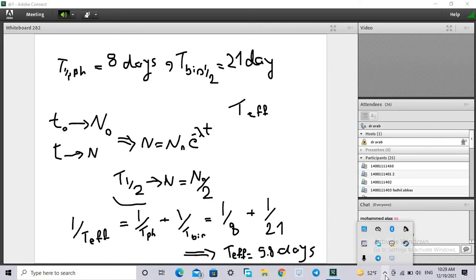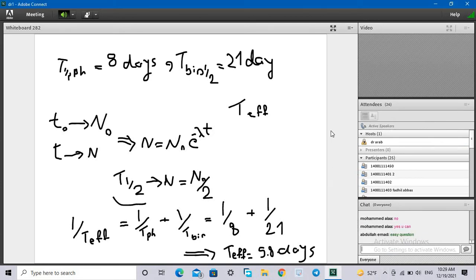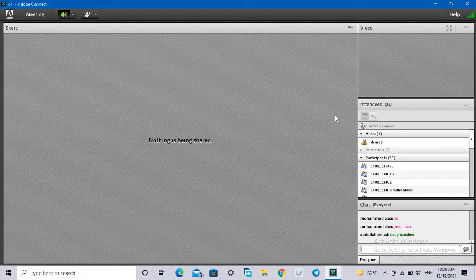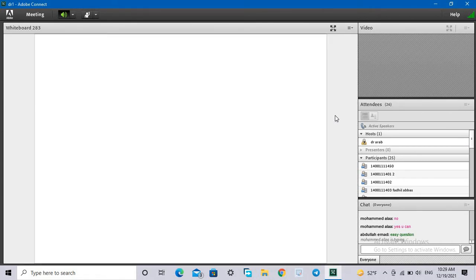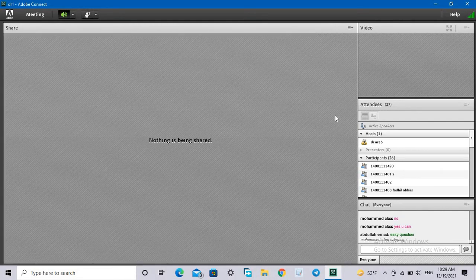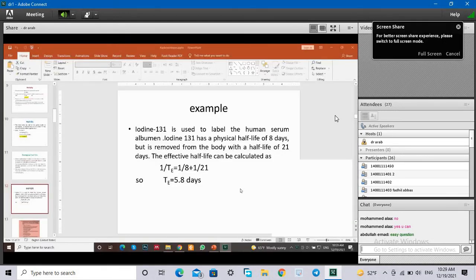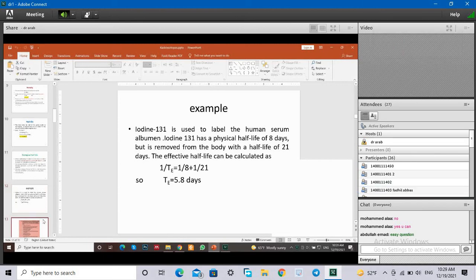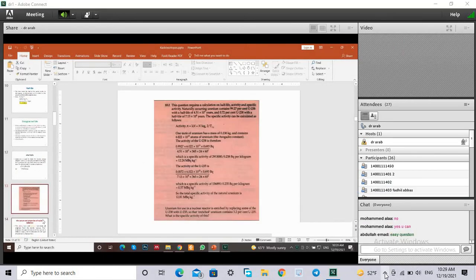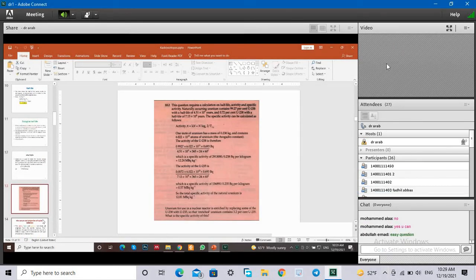And the other sample. In this example, we want to calculate the total activity of uranium.